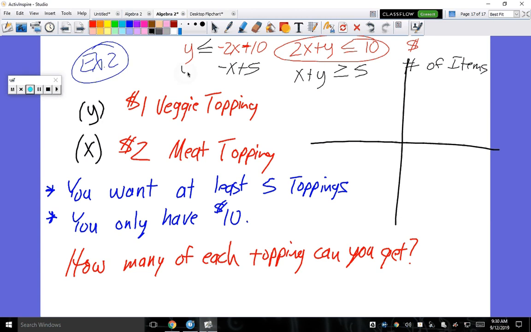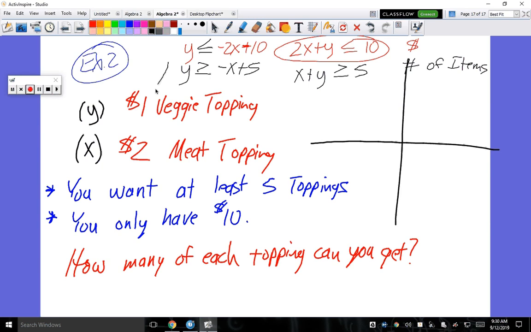Wait, does the sign switch? It doesn't switch. Put this in your notes if you don't know this. It only switches if you multiply or divide by a negative any time throughout this process of getting y by itself. So then, greater than or equal to. Yep. So y is greater than or equal to negative x plus 5.